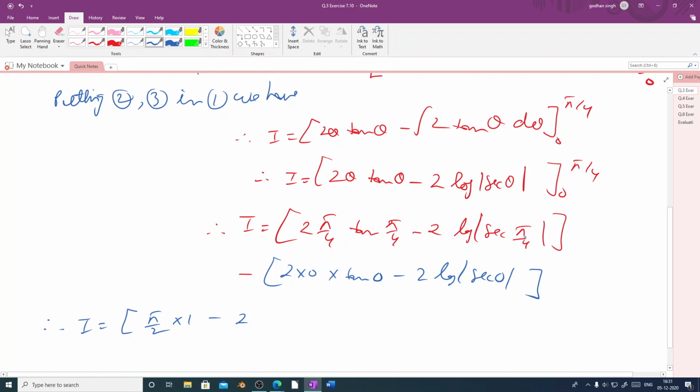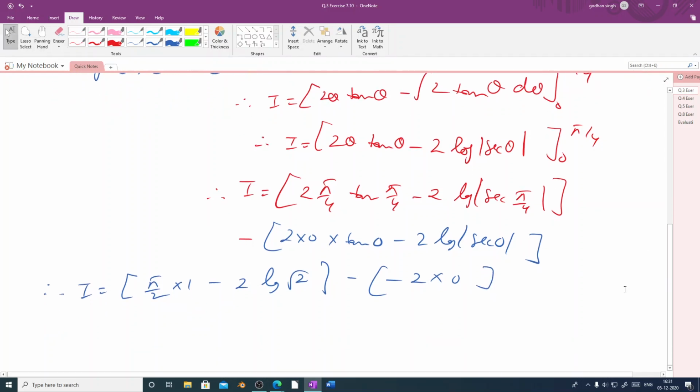What is log sec pi by 4? That is equal to log of root 2, bracket closed, minus, here we are having minus, and we know that sec 0 is 1, so this is minus 2 into log 1, which is 0, so this becomes 0.